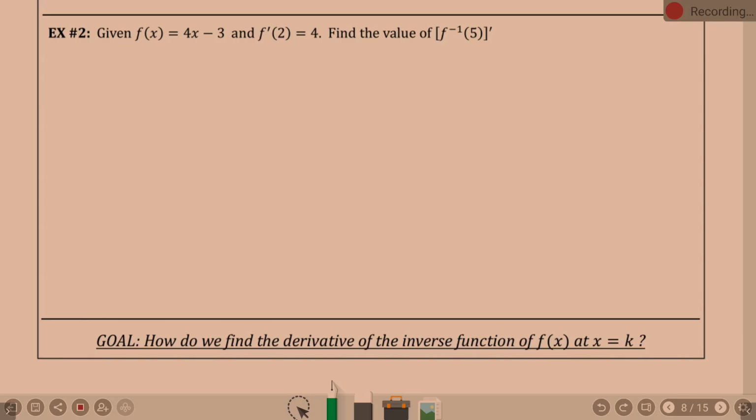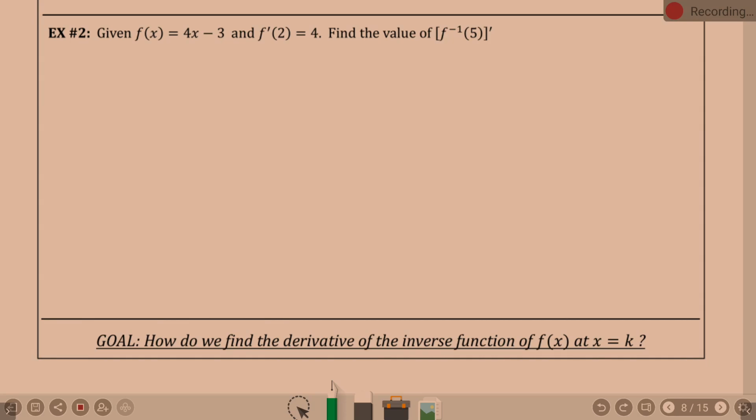Okay, so first of all, if they're asking me to find f inverse of 5, keep in mind that for an f function, the input is an x value. Output is a y value, correct? Here, this is an f inverse of 5.